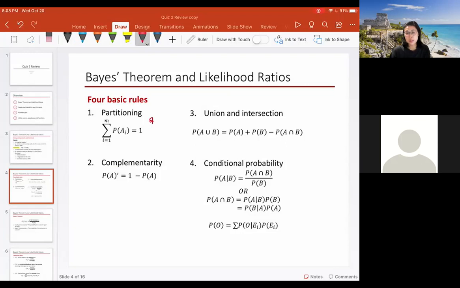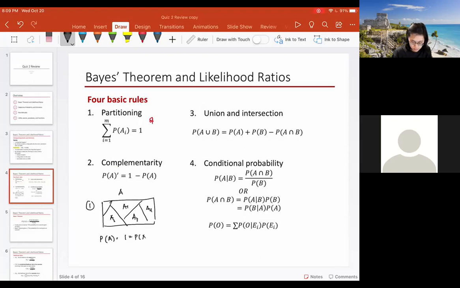Partitioning basically says that if you have a sample space A and you cut it up into A1, A2, A3, A4, and so on, the probabilities should sum to 1. That's partitioning. And this applies to conditional probabilities of outcomes as well. We'll see why in a little bit.